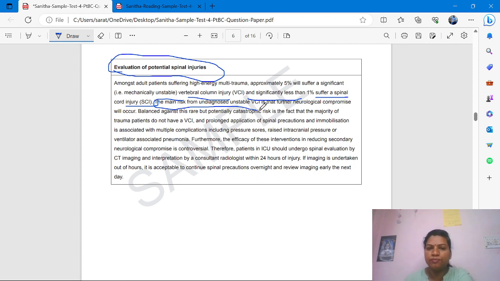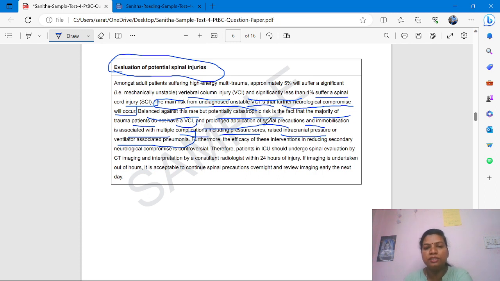If a patient has an unstable VCI, further neurological compromise may occur. Balanced against this rare but potentially catastrophic risk is the fact that the majority of trauma patients do not have a vertebral column injury, and prolonged application of spinal precautions and immobilization is associated with multiple complications including pressure sores, raised intracranial pressure, or ventilator associated pneumonia.